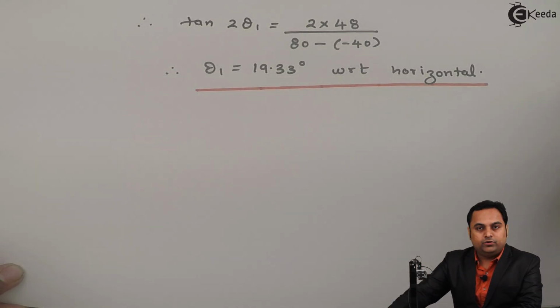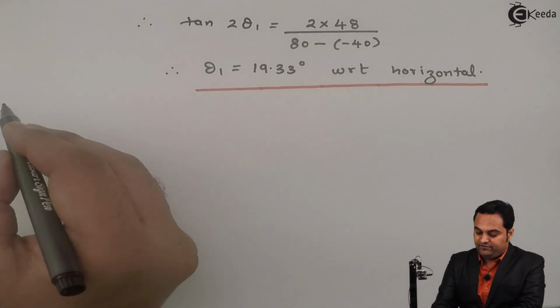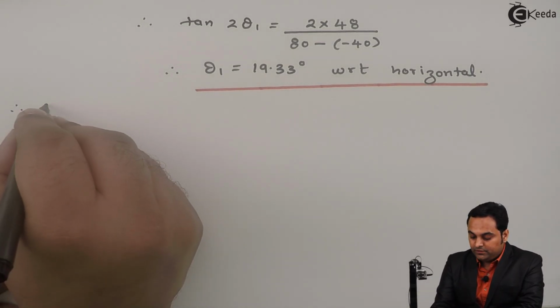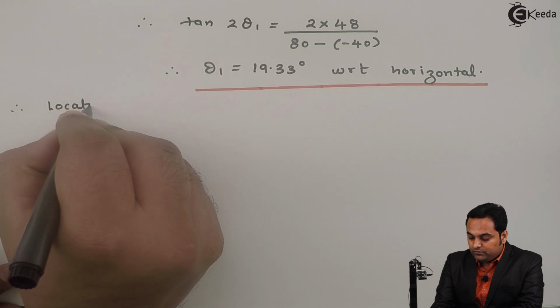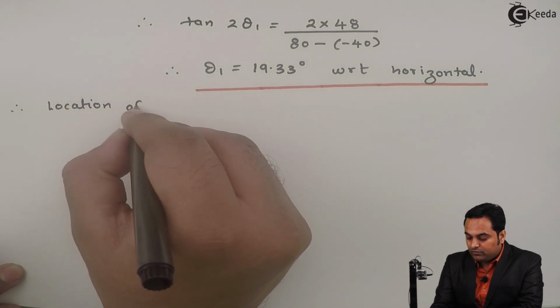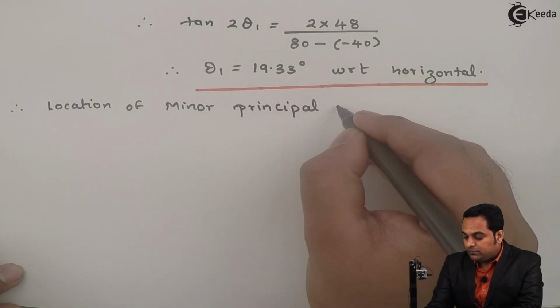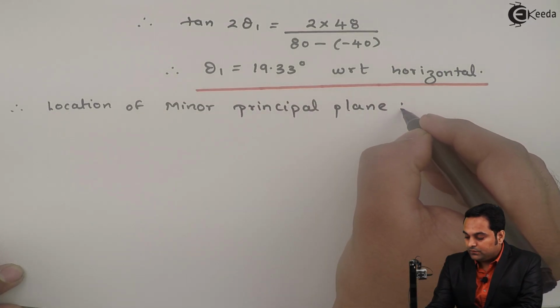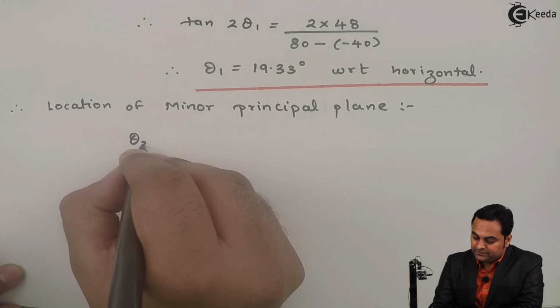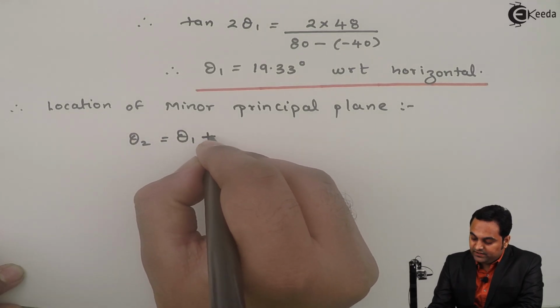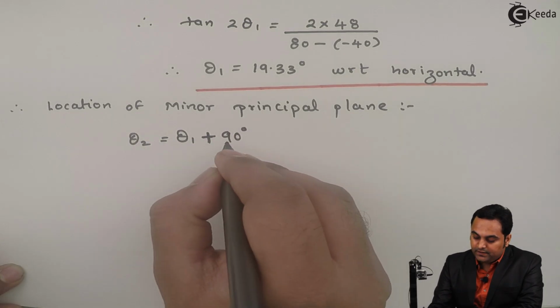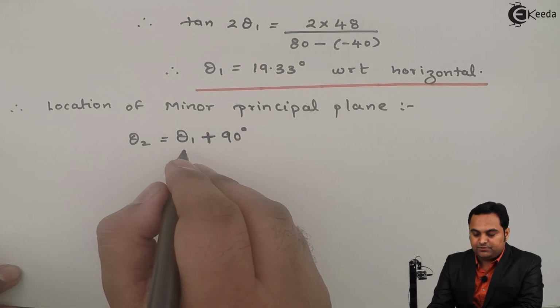After getting the location of major principal plane, I'll find the location of minor principal plane. Therefore, location of minor principal plane. Minor principal plane is exactly at 90 degree incline to the major principal plane.